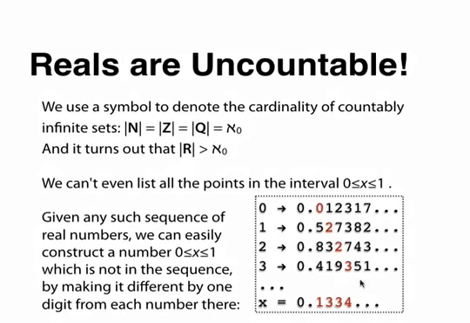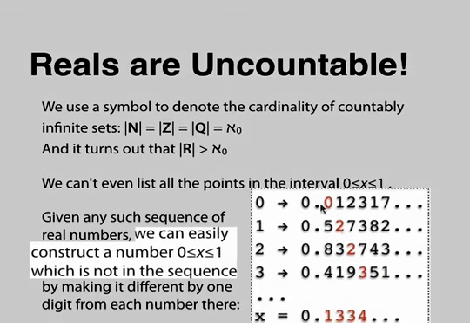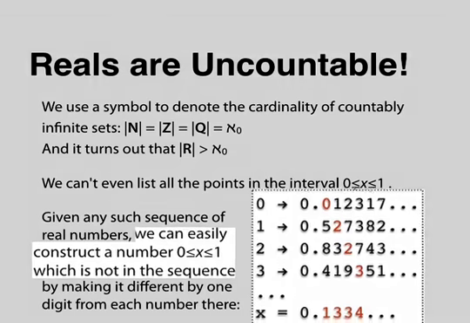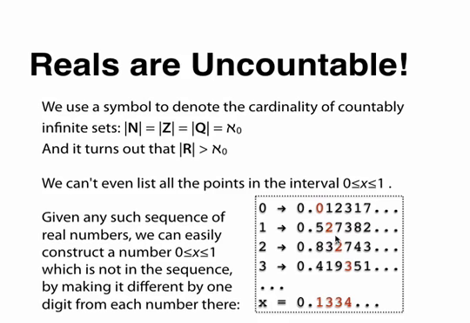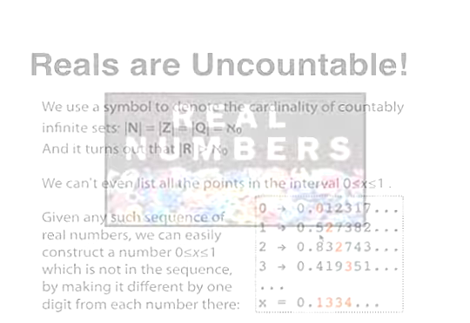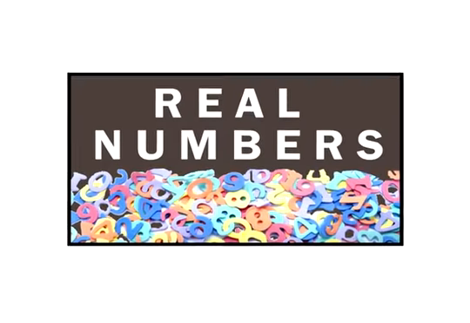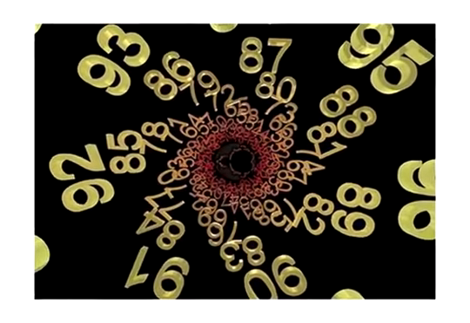So this number is not on the list. This number is nowhere to be found in this list. So this sequence did not list out all the real numbers, even in this interval. This shows you can't list all the real numbers. There's actually more real numbers than you can list. And that means that the size of real numbers is bigger.